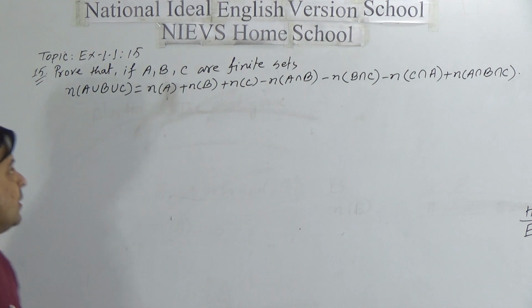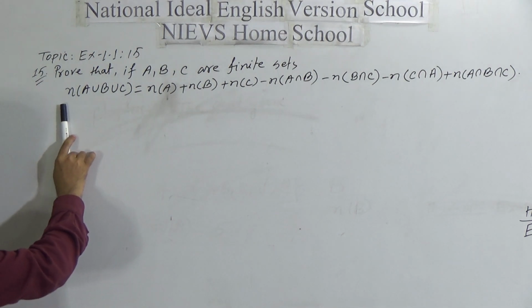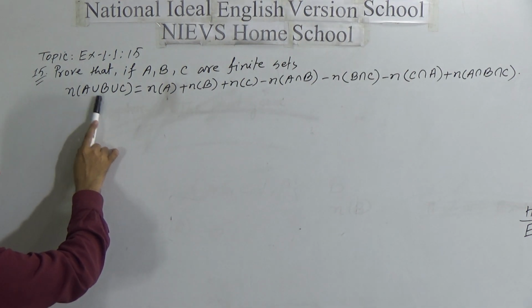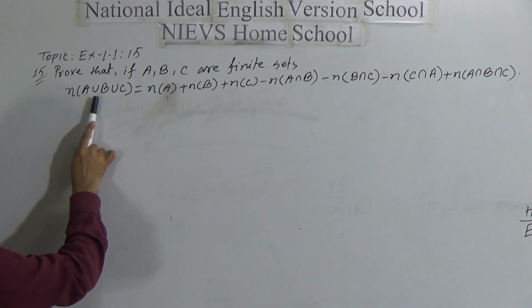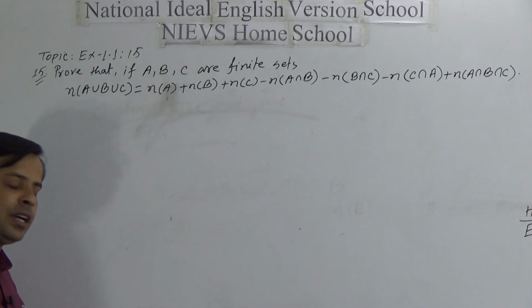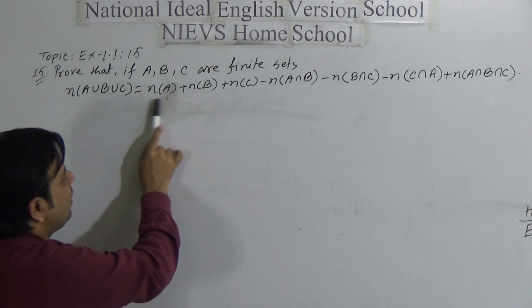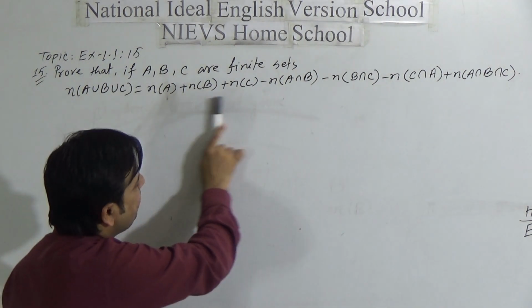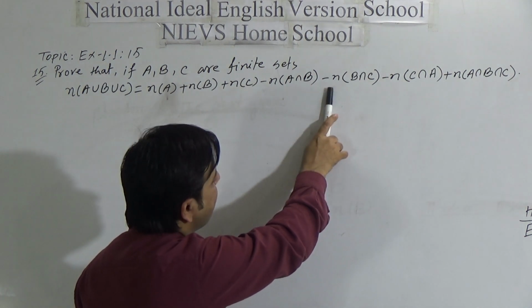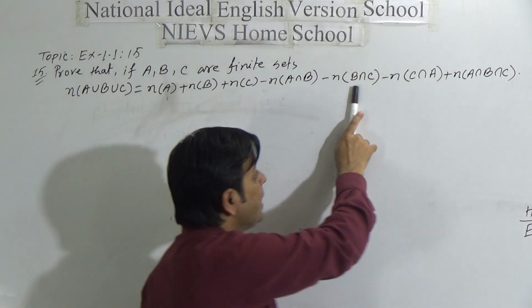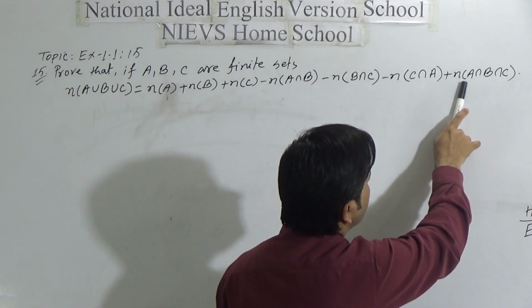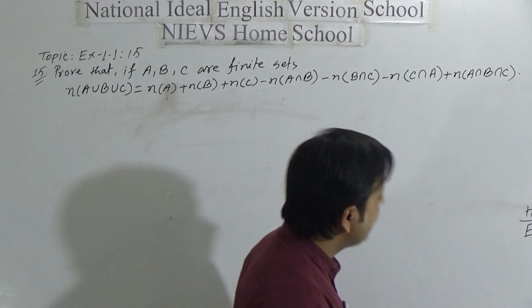Here we have to prove that n(A union B union C) is equal to n(A) plus n(B) plus n(C) minus n(A intersection B) minus n(B intersection C) minus n(C intersection A) plus n(A intersection B intersection C). We need to prove this.